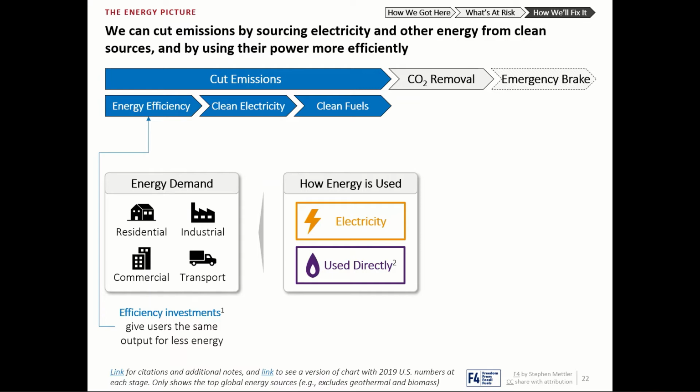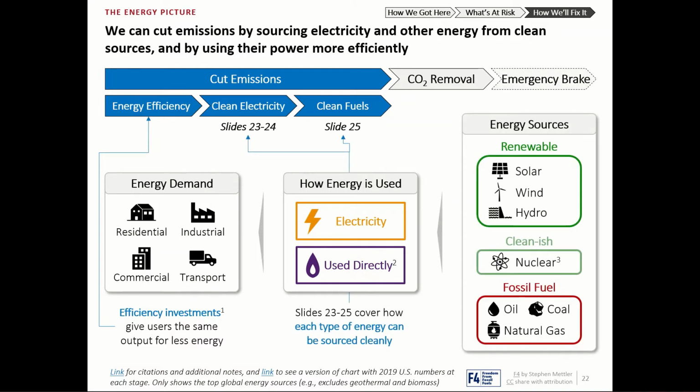That is something that is given to consumers as an energy product and then used in boilers or engines or other direct applications. So later slides are going to cover those. And here is just a summary of the core energy sources that are either the current workhorses or will be the workhorses of humanity's future.